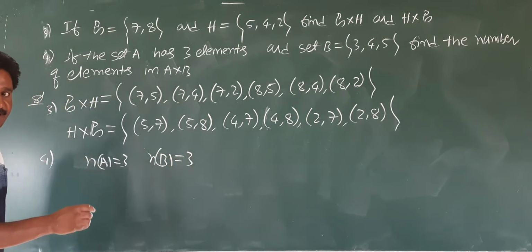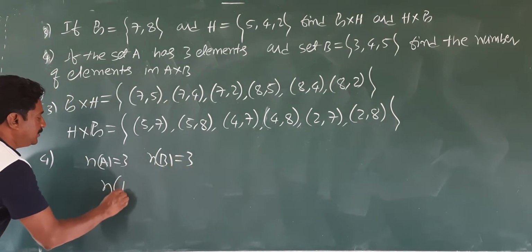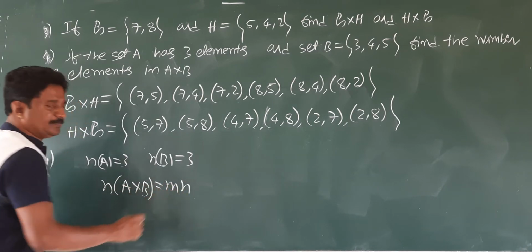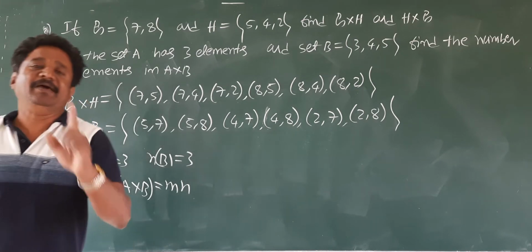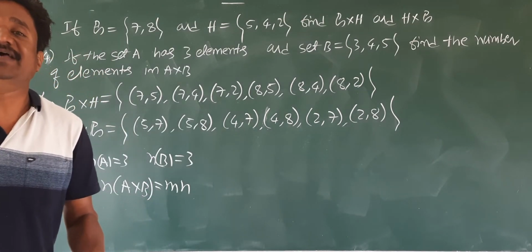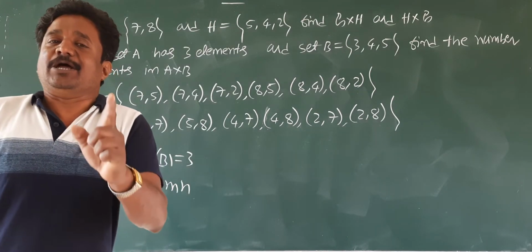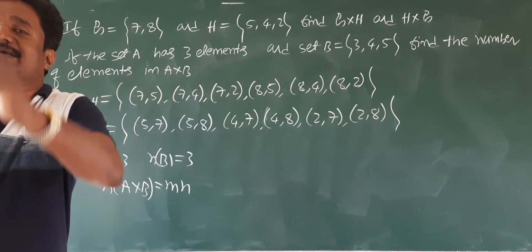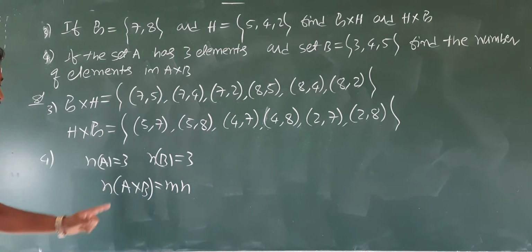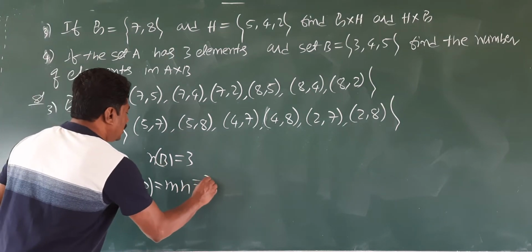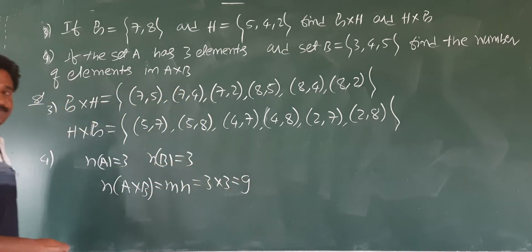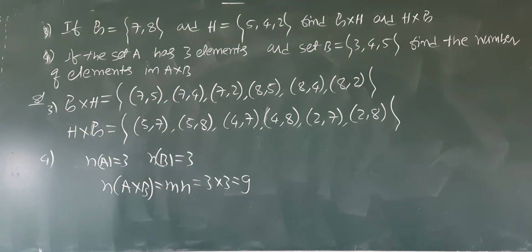We have a formula: if set A has m elements and set B has n elements, number of elements in A cross B is m into n. Substitute: 3 into 3. How much is 3 threes? 9. A cross B should have 9 elements.